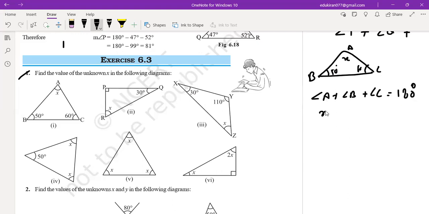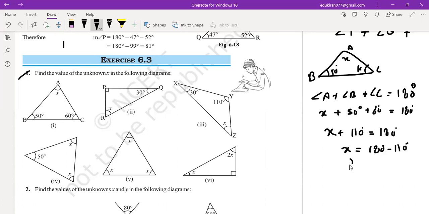So A is X, this is 50, and this is 60 degree, equals 180. So you will add them up. You will get X and this 110 equals 180 degree. So X will be 180 degree minus 110. So your X will be what? 70 degree. Sindhu, is it clear for the first one? Chakrika got it correct. Okay. So I'm just erasing this because that was clear.